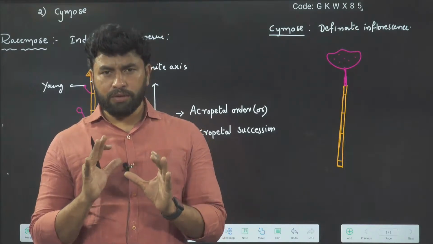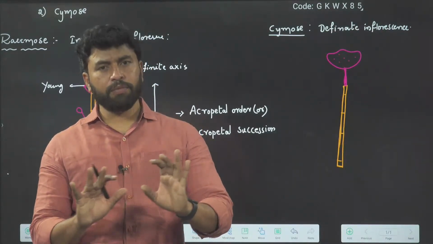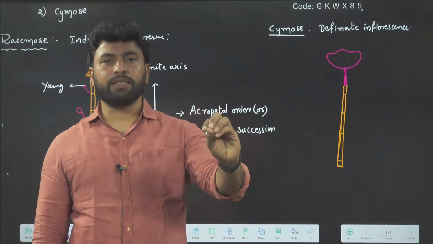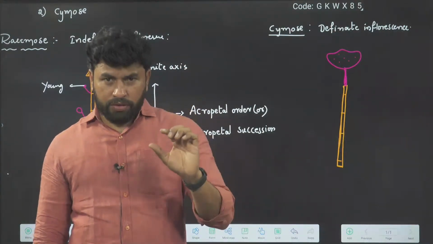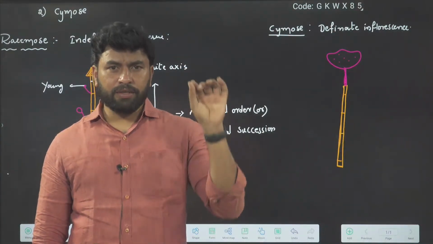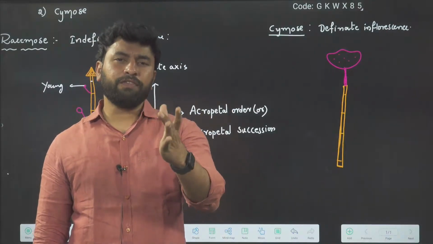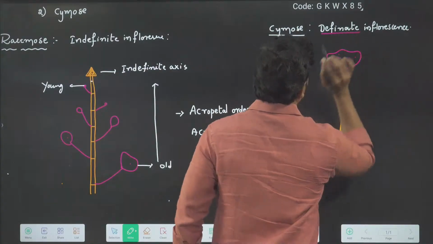How much can it grow? First it will grow and then at its tip it will produce a flower. Then the growth of the inflorescence axis ceases. That's why how much growth the inflorescence axis could do is already fixed. That's the reason why it is called definite inflorescence.